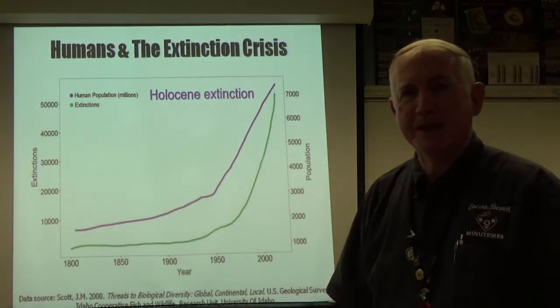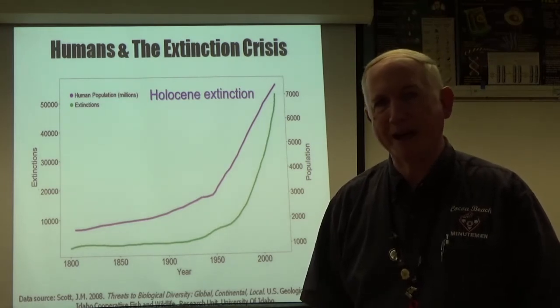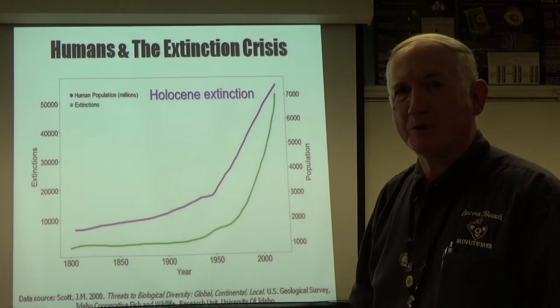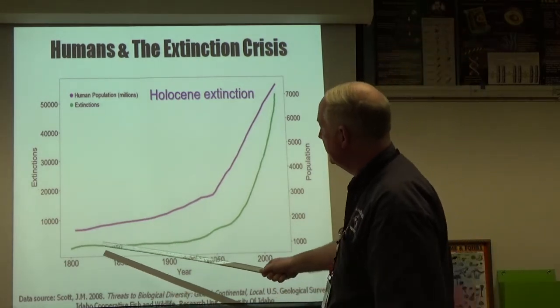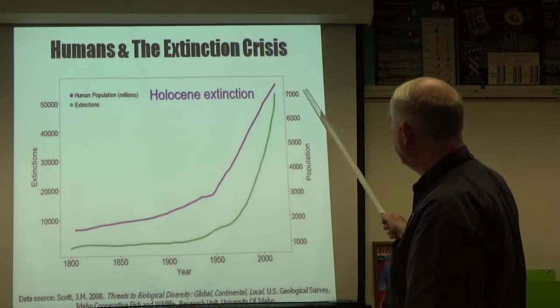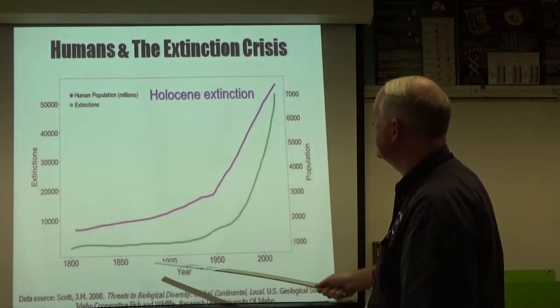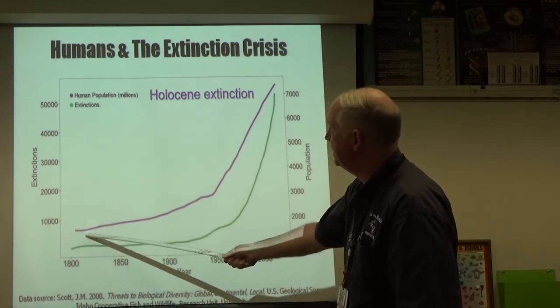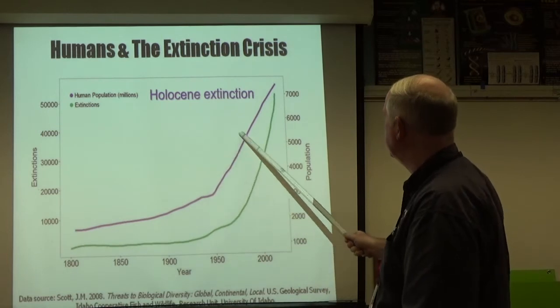Some people believe that we are in the sixth mass extinction right now. We are in a time called the Holocene, and if you take a look at this graph, this shows human population. Well, it shows population. It can be humans and anything else. The purple line is the population of humans, and it has been growing.